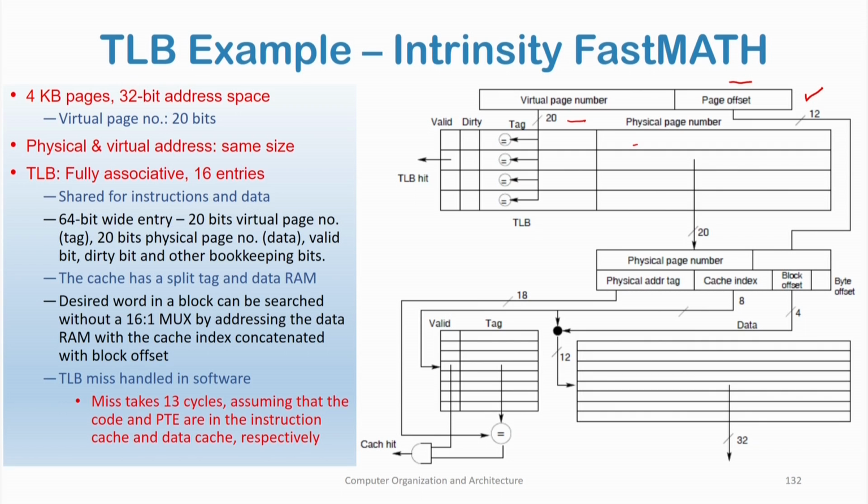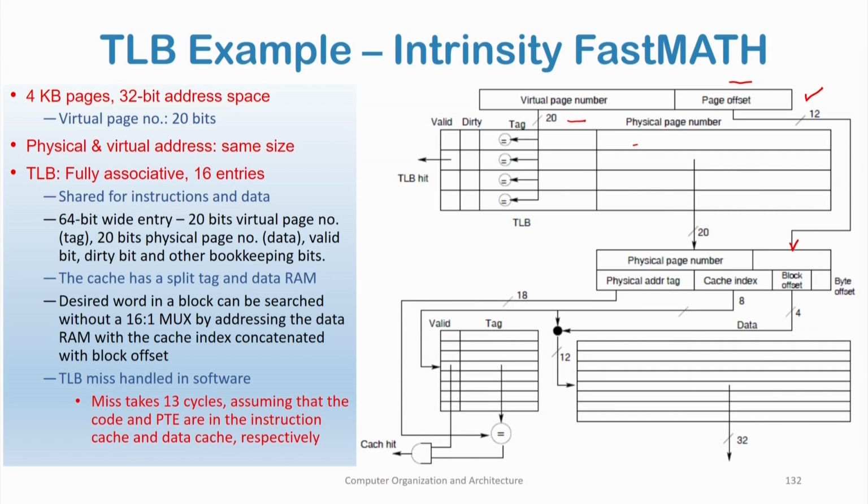The physical page number is also 20 bits. That means the virtual address space and the physical address space have the same size, and the page offset goes unchanged into the physical address.